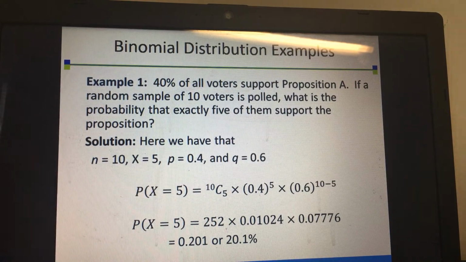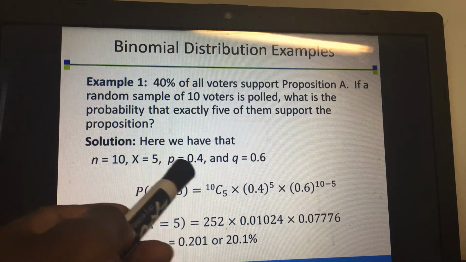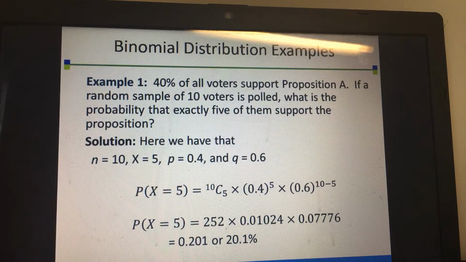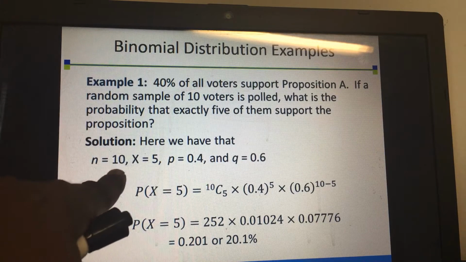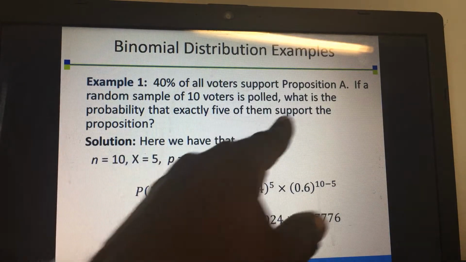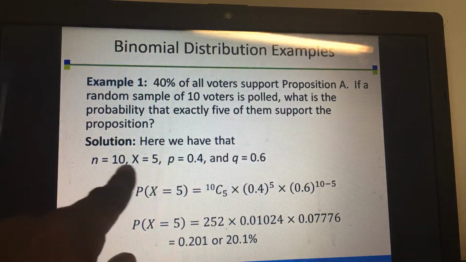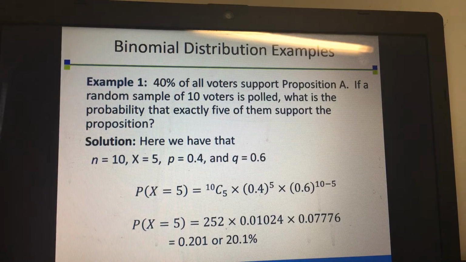That means Q is 1 minus P, which is 1 minus 0.4, giving us 0.6. The sample size is 10 people, so N is 10. Exactly 5 means our X is 5.